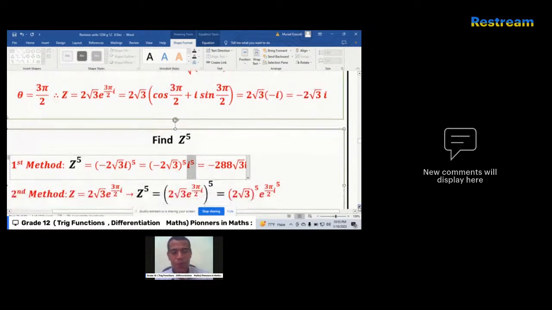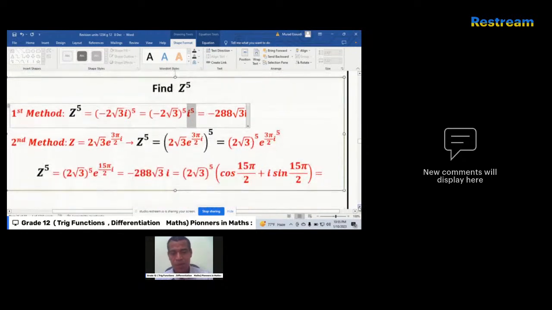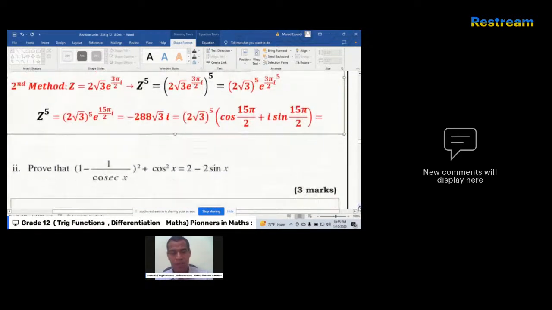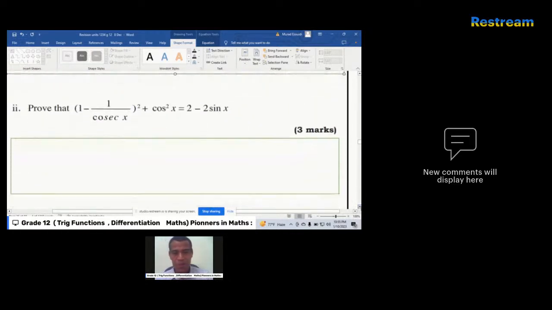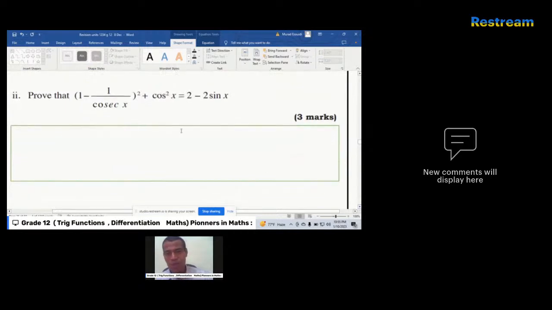Therefore, we want to prove 1 minus 1 over cosec all squared plus cosine square is equal to 2 minus 2 sine x. First of all, I will write this between parentheses: 1 minus 1 over cosec x, to the power 2.